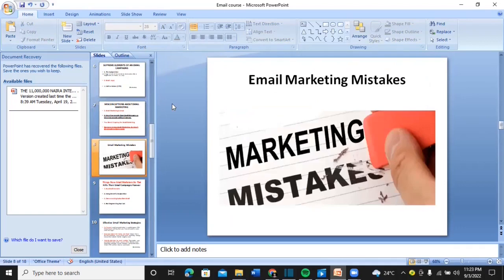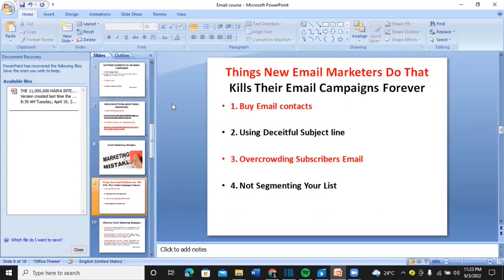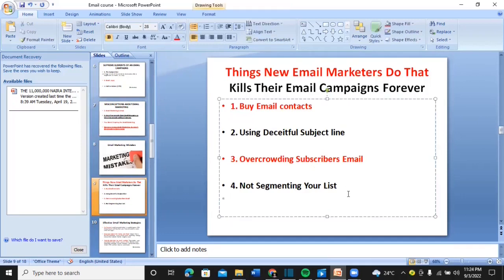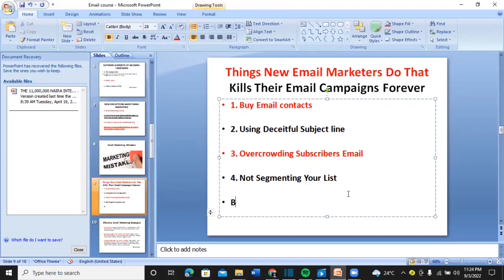Let's go to the mistakes new email marketers make that kill their email marketing campaign forever. The number one mistake is that they think buying email contacts will help them grow their email campaign fast.